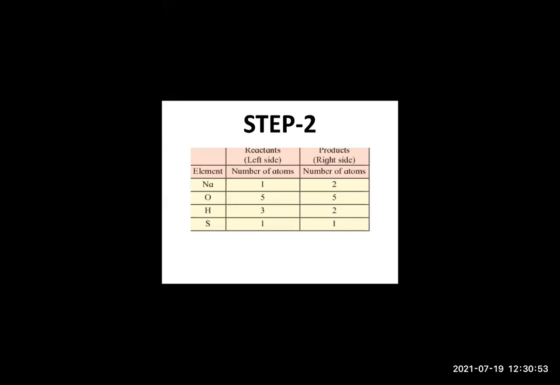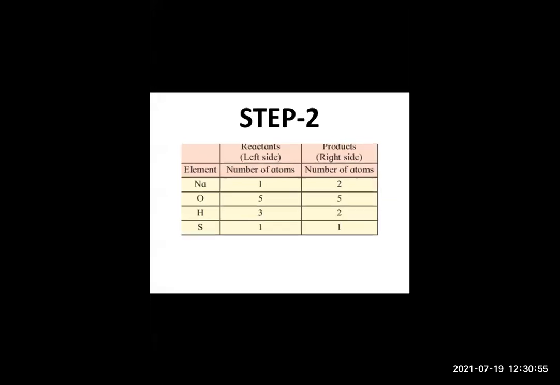That's why you have to write all the symbols here: sodium, oxygen, hydrogen and sulfur. And check how many sodium atoms are on the left side: 1. Right side: 2. So it is unbalanced. Then oxygen is balanced, 5.